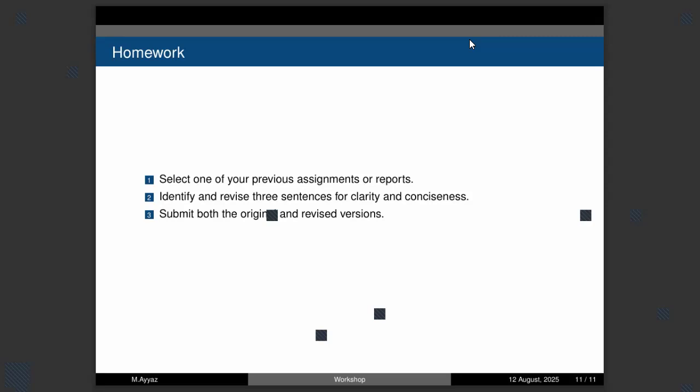After that, you have to submit both the original and revised versions. After doing this assignment, you have to put them in the Drive link that we have given you.